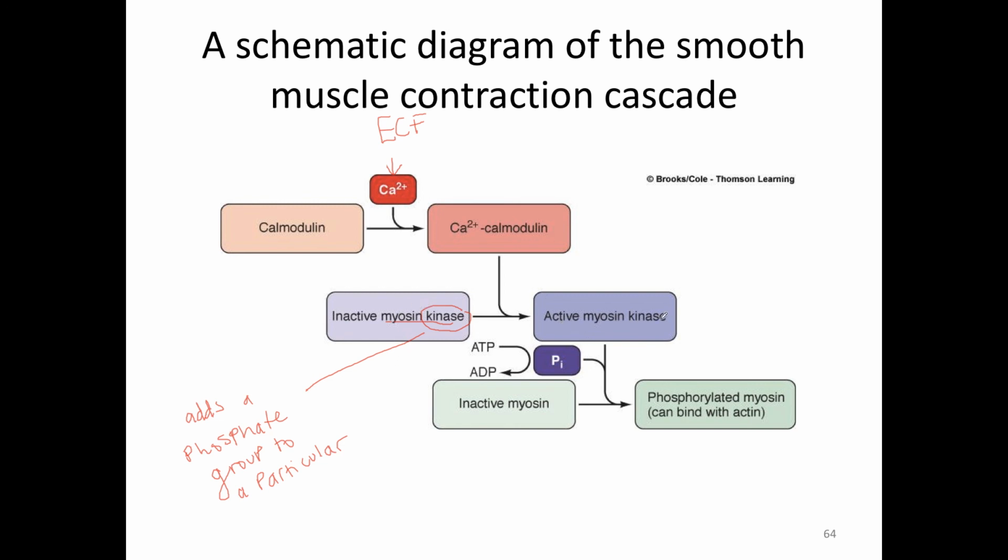So active myosin kinase is going to add a phosphate group from hydrolysis of the first ATP to inactive myosin. And once myosin is phosphorylated, it can bind the second ATP and bind with actin and produce the power stroke. So it makes sense that this takes longer than skeletal muscle because there are more steps.